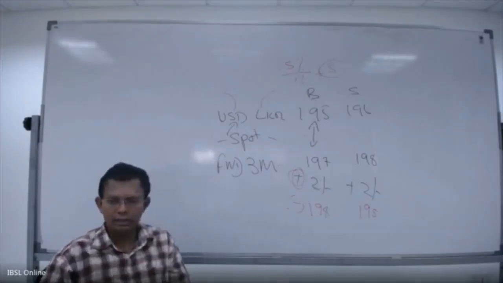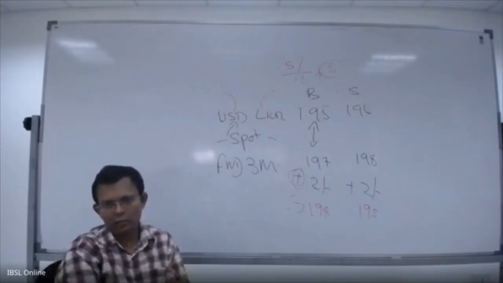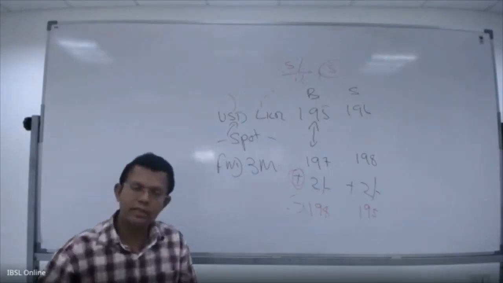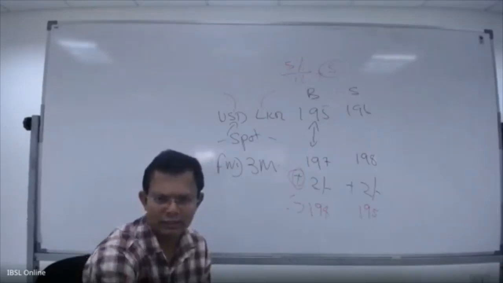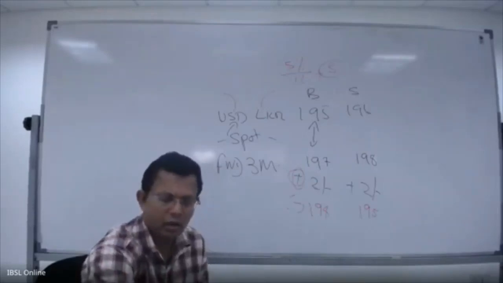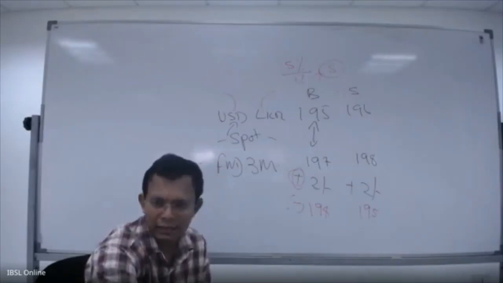This is for you to understand forward and discount, right? Forward means anything you add to the spot. Anything you deduct from the spot means discount, right? So how do you decide the forward and discount? Based on the two methods, that is purchasing power parity and the interest rate parity.